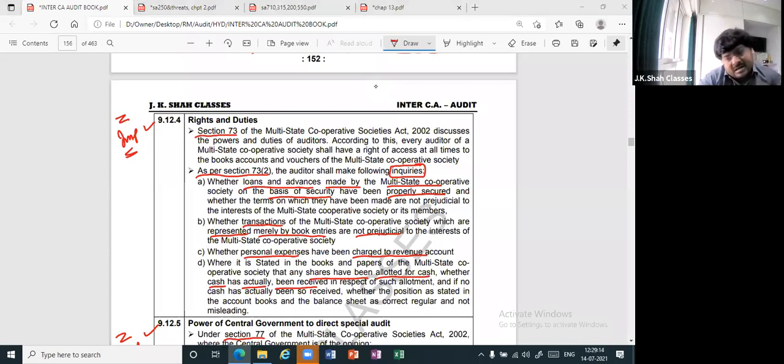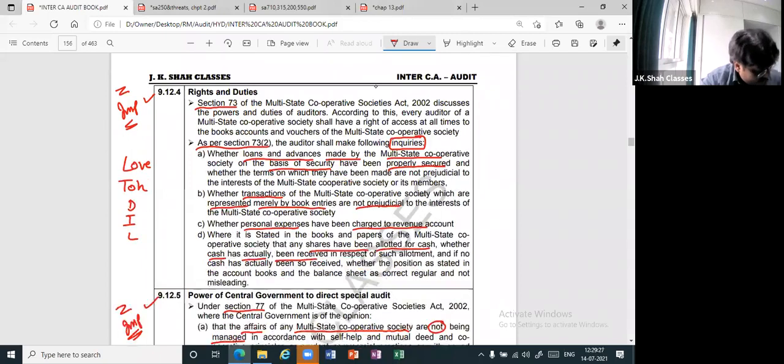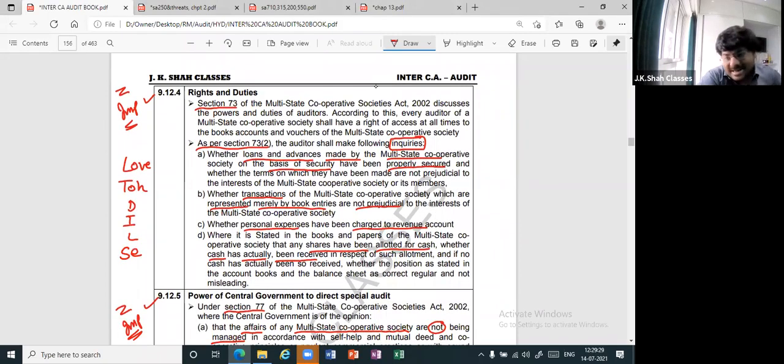We have already done audit inquiry 143(1). Can I say it is the same LOVE TO DIL SE? Or have you changed the places? Not doing from the heart anymore. Now come on, tell me. Can I say first point is the same, loans and advances? Can I say T, transactions? Same.